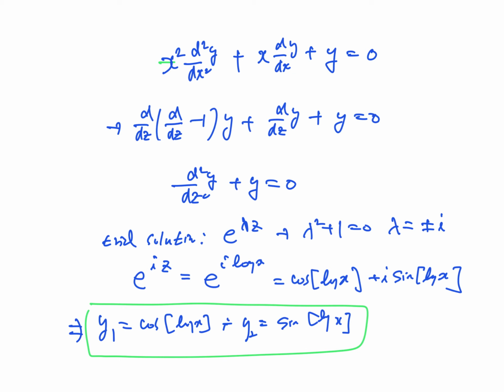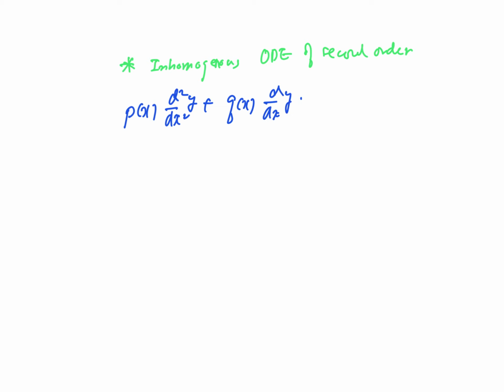Next topic is the inhomogeneous case. The inhomogeneous case of second order: we have P(x), Q(x), R(x), y, S(x).